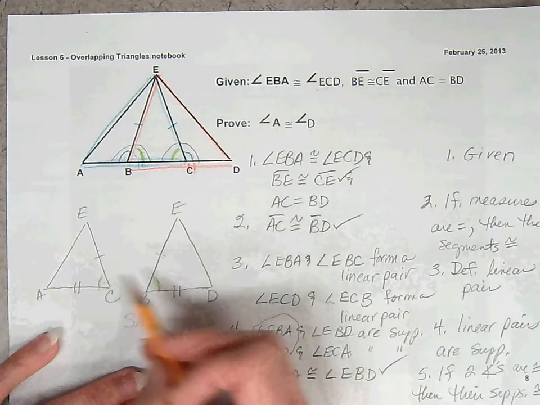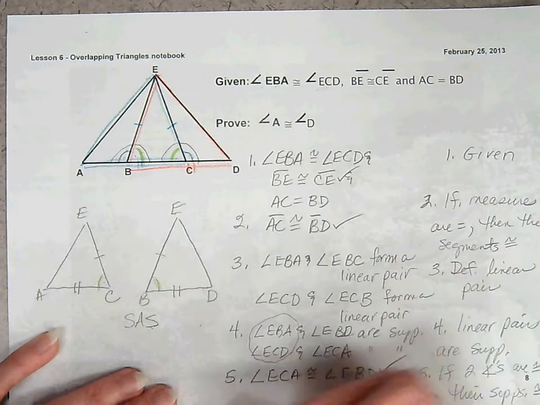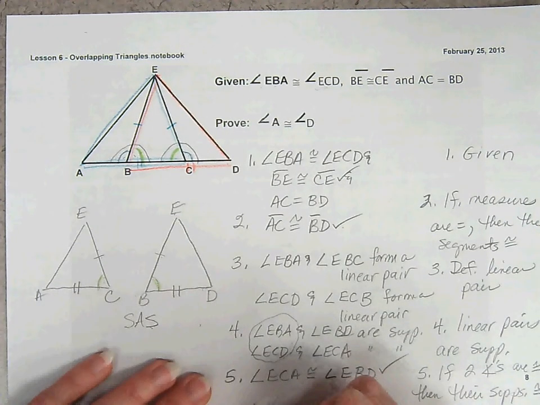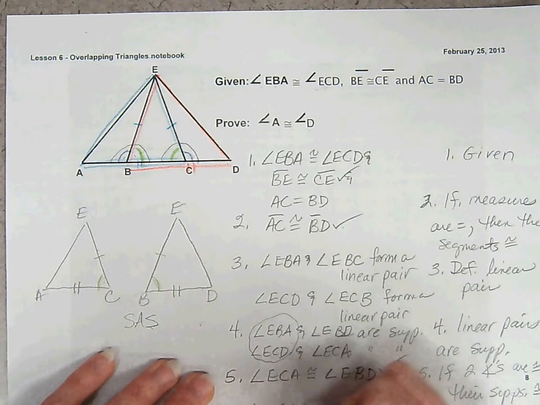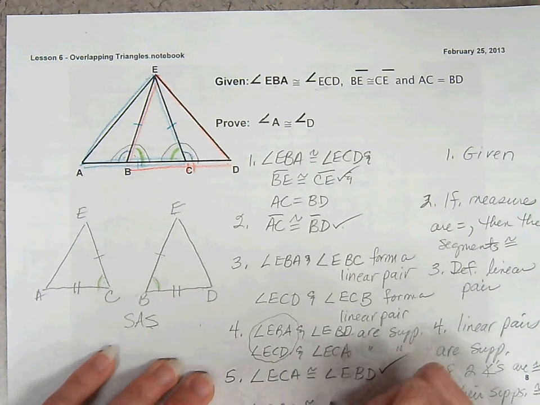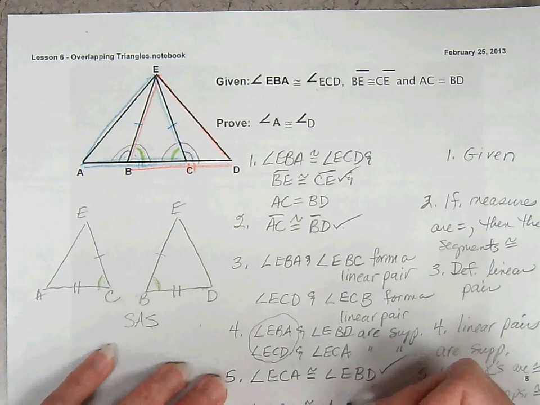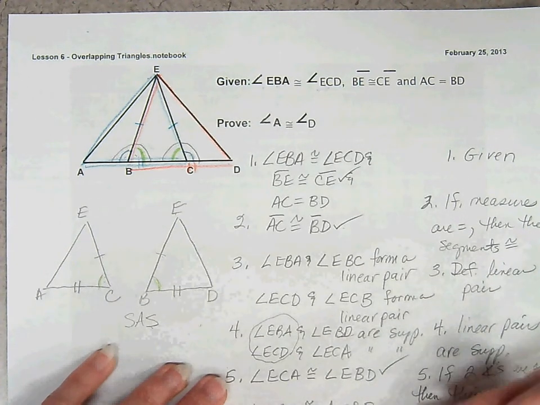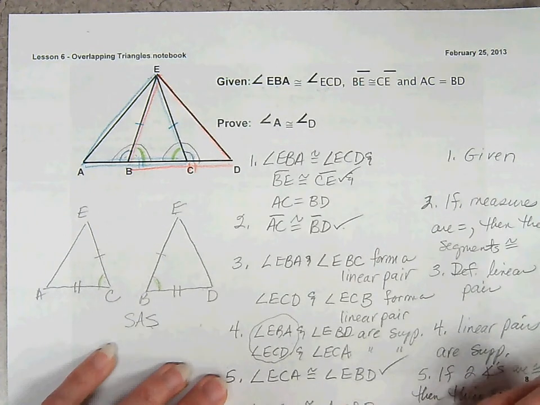Okay, so now we've got our angles. We have our two sides. So we can now say that triangle EAC is congruent to triangle EBD because of the side angle side theorem.